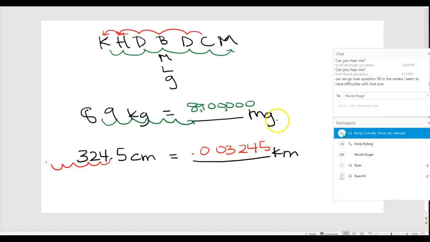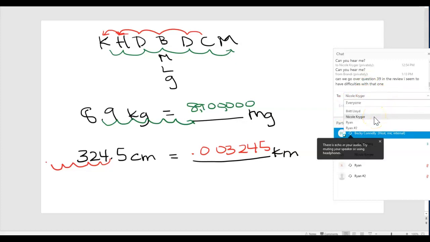Do you want to try one more? Yeah, the chart will be on there. Yeah, 2.2 pounds equals 1 kilogram.